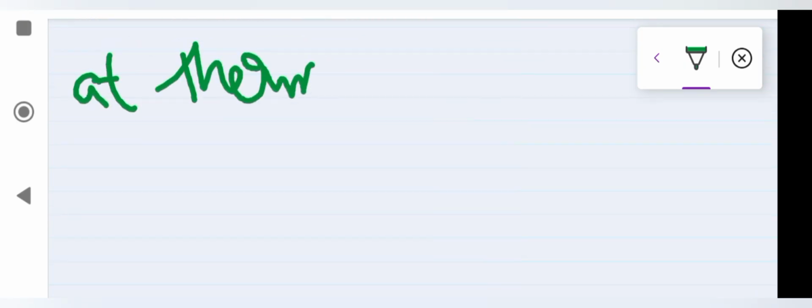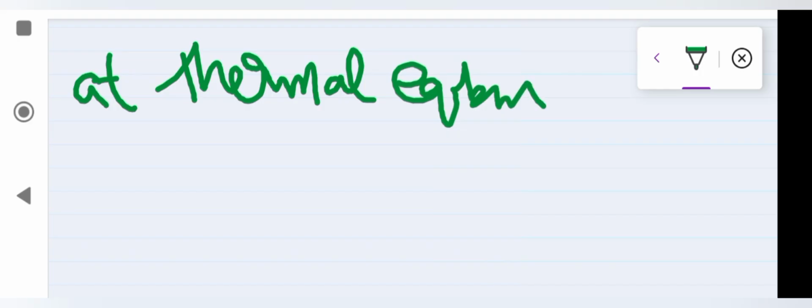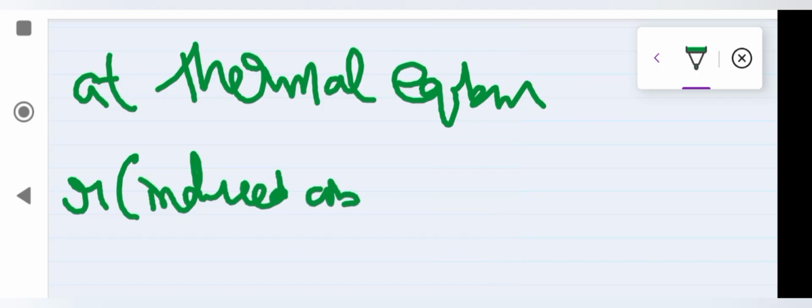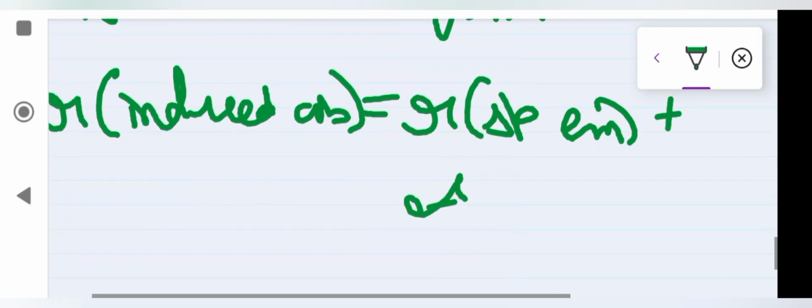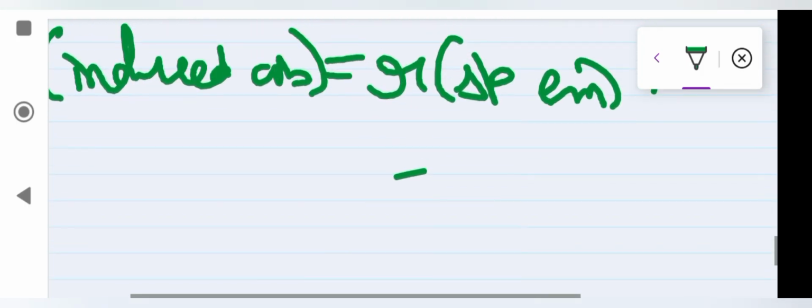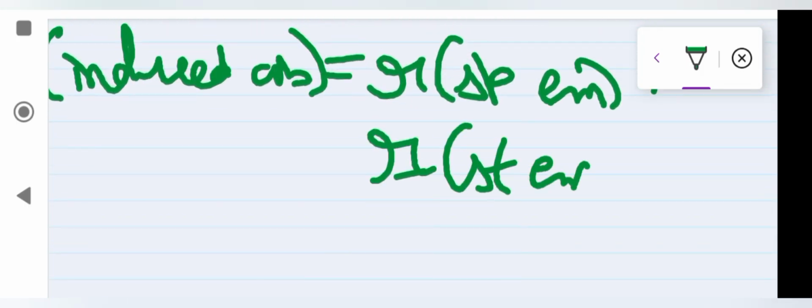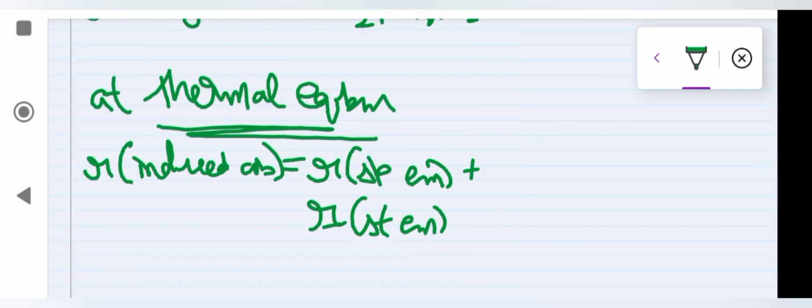Fine. Next, what you remember is that at thermal equilibrium, which means temperature is constant, the rate of induced absorption equals the rate of spontaneous emission plus the rate of stimulated emission. If you remember this equation that I'm writing now, half the work is done. At thermal equilibrium, how much is absorbed, that much is emitted.